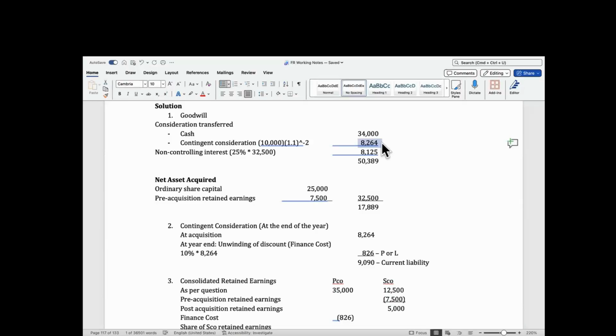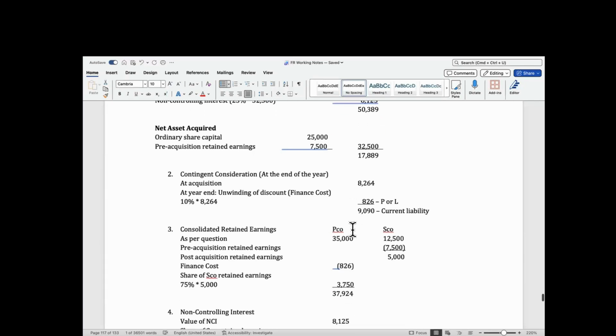You will unwind that discount. Since we discounted by 10% for 2 years, you'll be unwinding it so that in the next 2 years, we want this value to have become 10,000. So we do that through interest. It's an interest accounting for time value of money. And that's what is accounting for this.